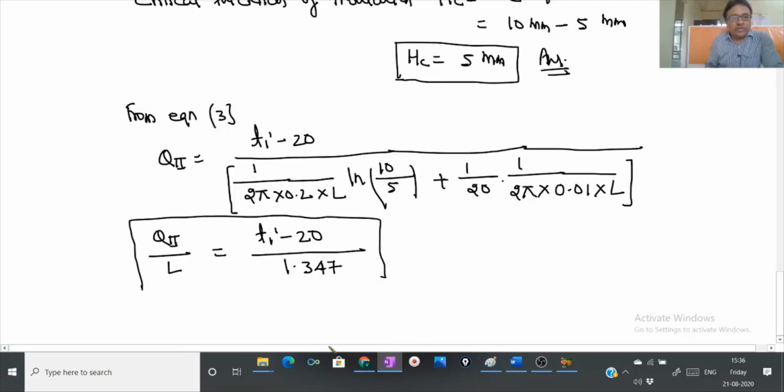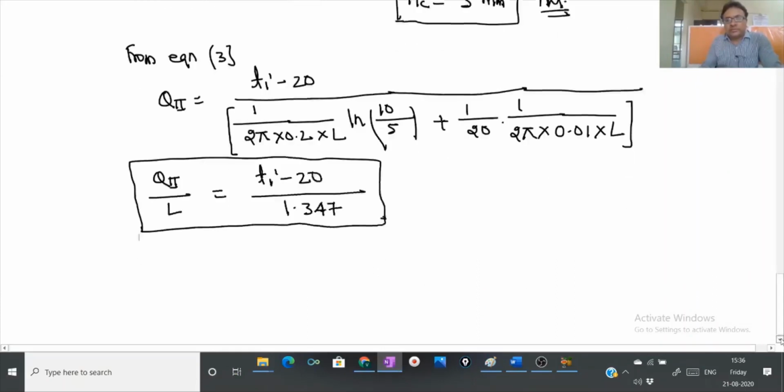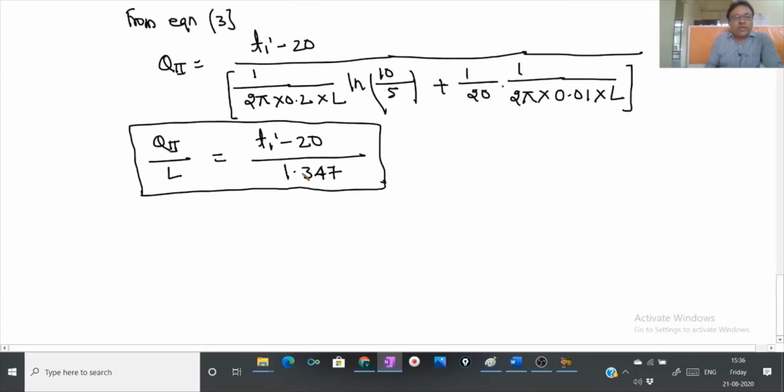This is the rate of heat transfer in case of cable provided with insulation. We are supposed to calculate T1 dash.